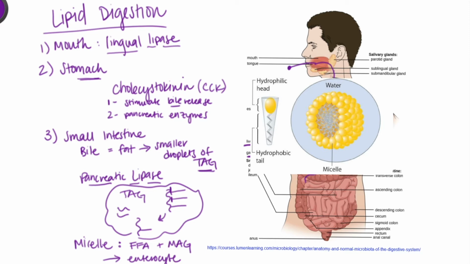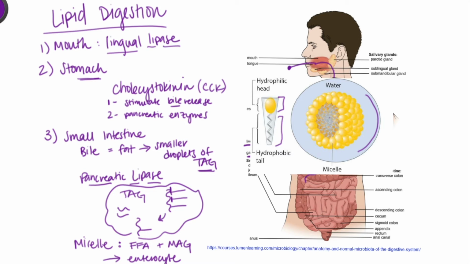Because micelles are made of these free fatty acids and monoacyl glycerols, we're going to see the usage of phospholipids to actually protect the micelle. So remember, phospholipids have a hydrophilic head and a hydrophobic tail.